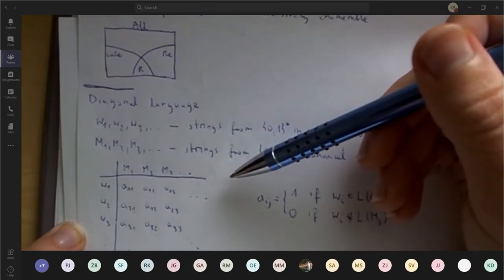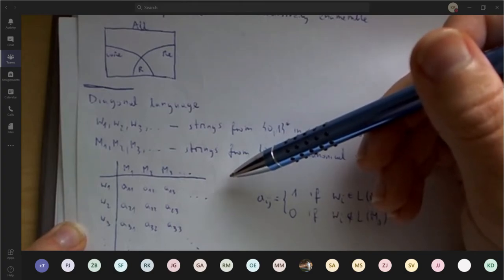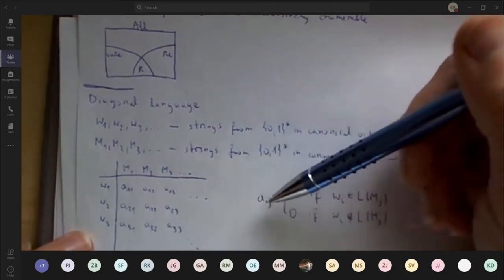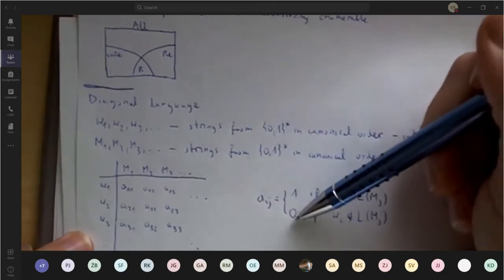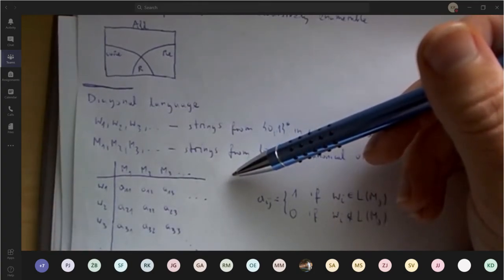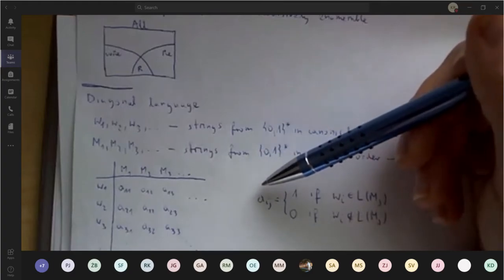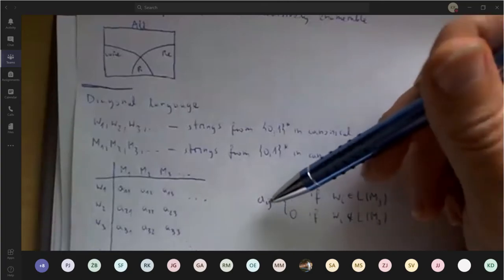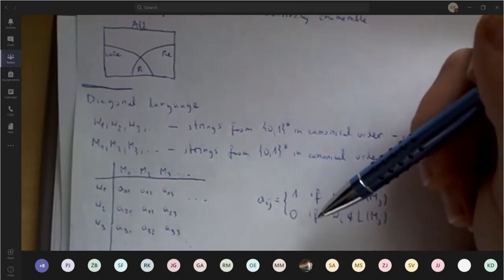Maybe it is the code of a correct Turing machine, maybe not. If it is not a correct Turing machine, then we assume that this Turing machine does not accept any string, so this entry will be 0. And if Mj is a code of a correct Turing machine, we can run it on the input string wi and check if it belongs to the language or not. If it belongs, then this entry will be 1, otherwise it will be 0.